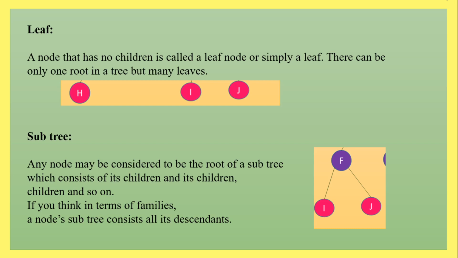A subtree itself is a tree. A node may have many subtrees. If you think in terms of families, a node's subtree consists of all its descendants. Here in this diagram I have given F, I, J.